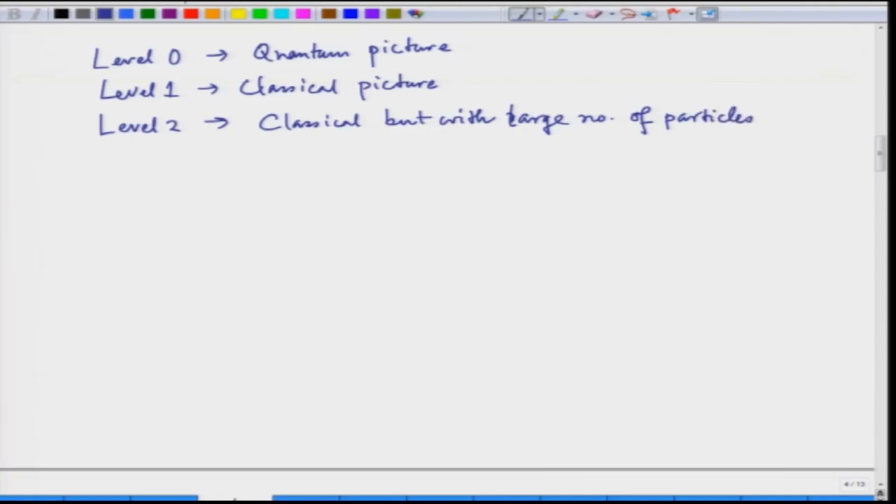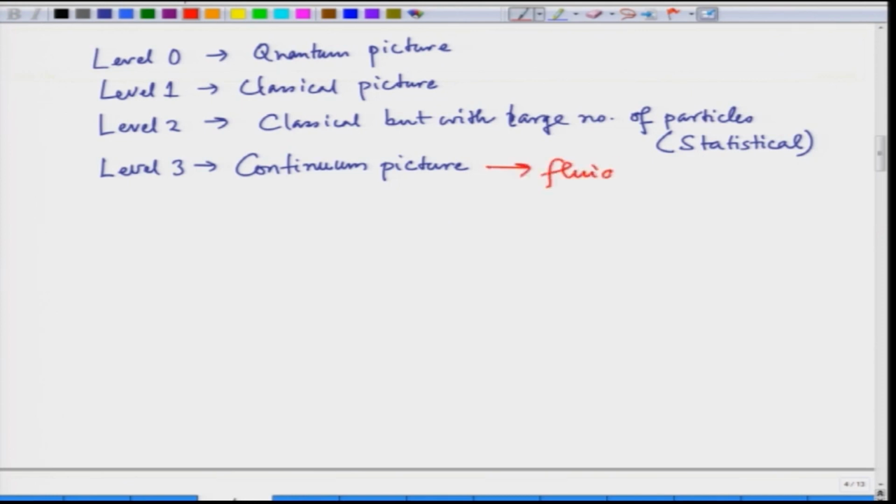So, it will be a classical picture, but a statistical description will be associated. And finally, level 3 is the continuum picture. We call that the fluid picture.